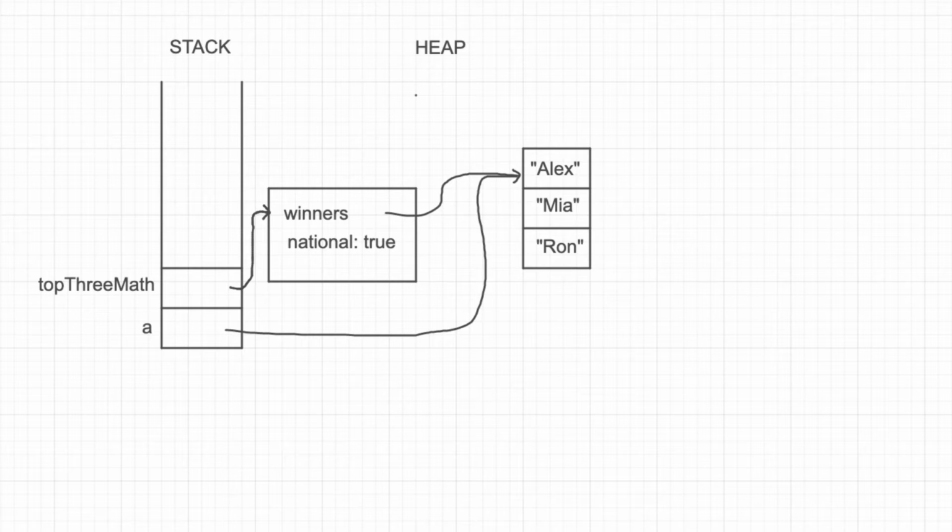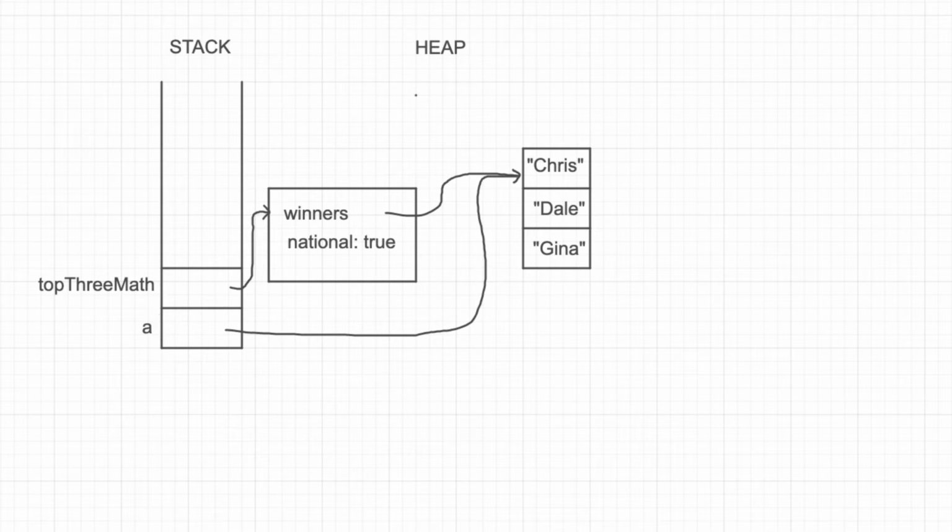Now, after we were done with top3 math, we went to the array A and we decided to store different winners there. So instead of Alex and Mia and Ron, we decided to store the new art winners, which happened to be Chris and Dale and Gina. So you can see those were the new references.